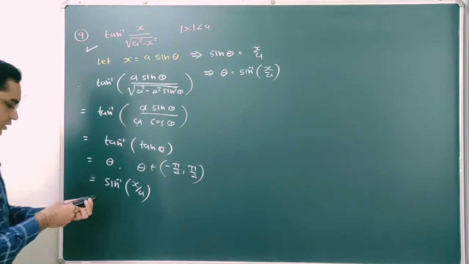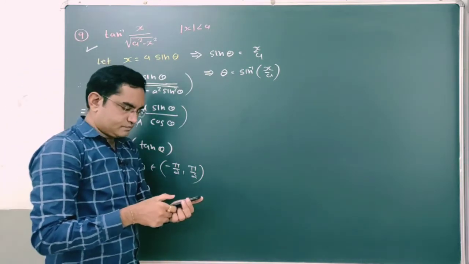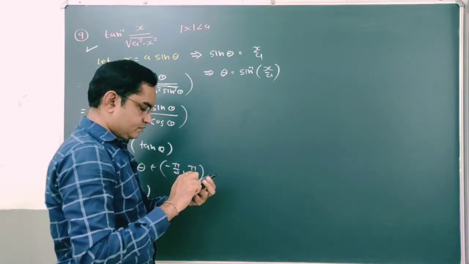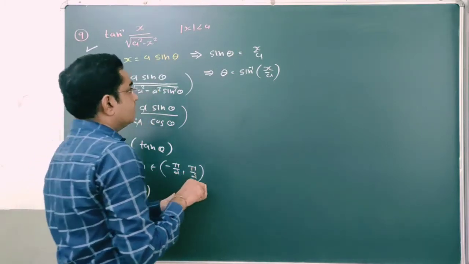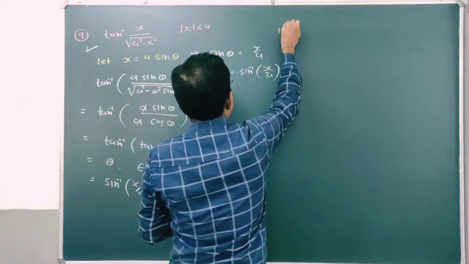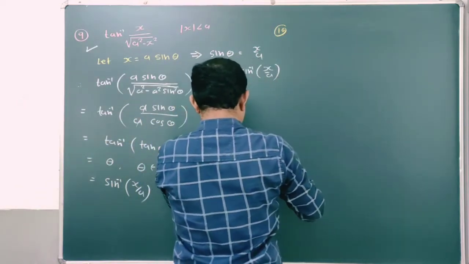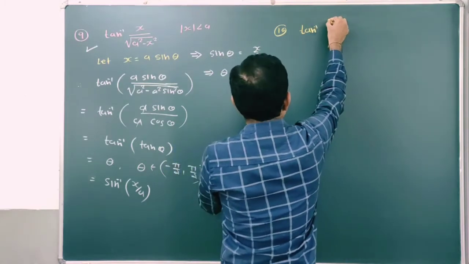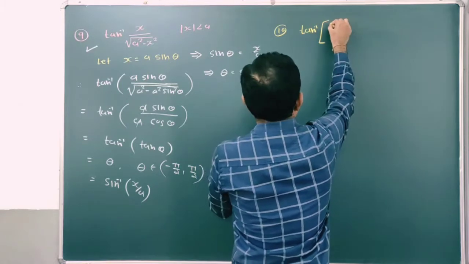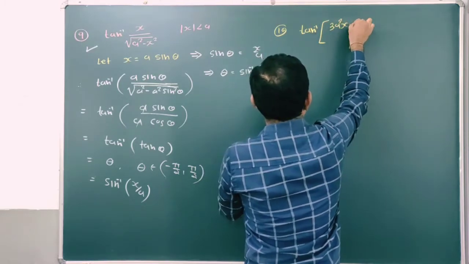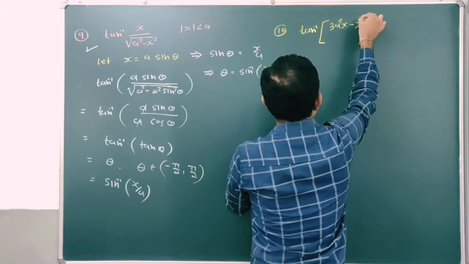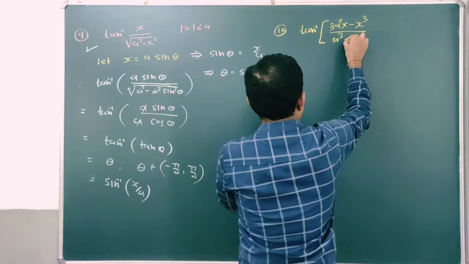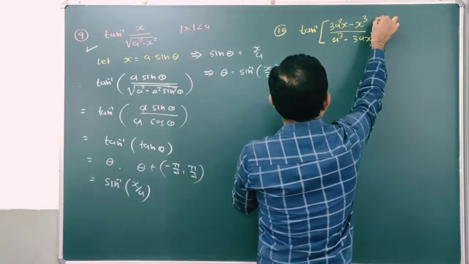Done. Now next, question number 10. In our question number 10 we are asked to simplify the given inverse trigonometric ratio, that is tan inverse of bracket 3a square x minus x cube upon a cube minus 3a x square.